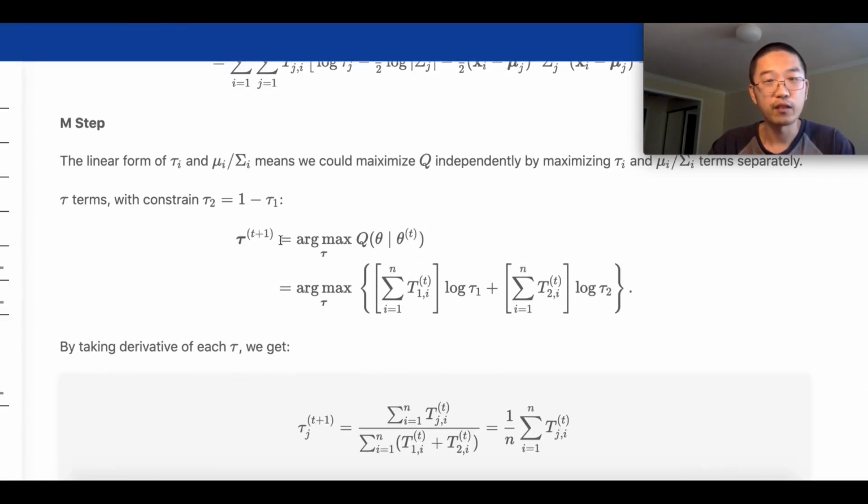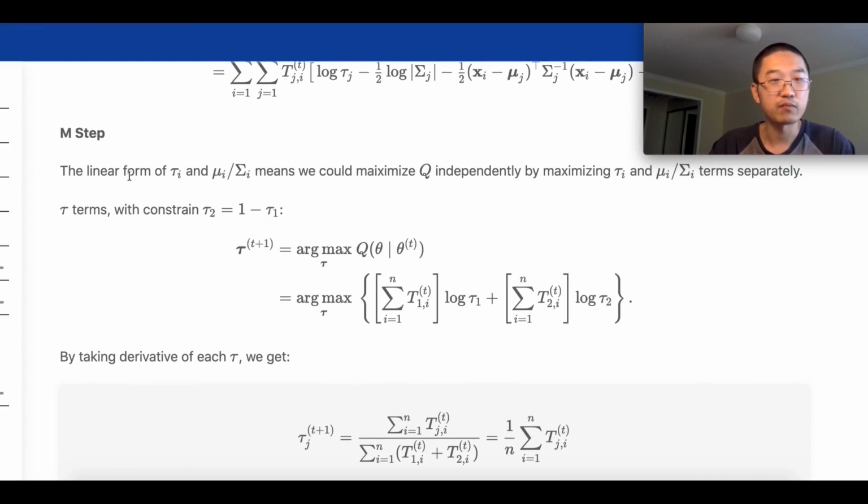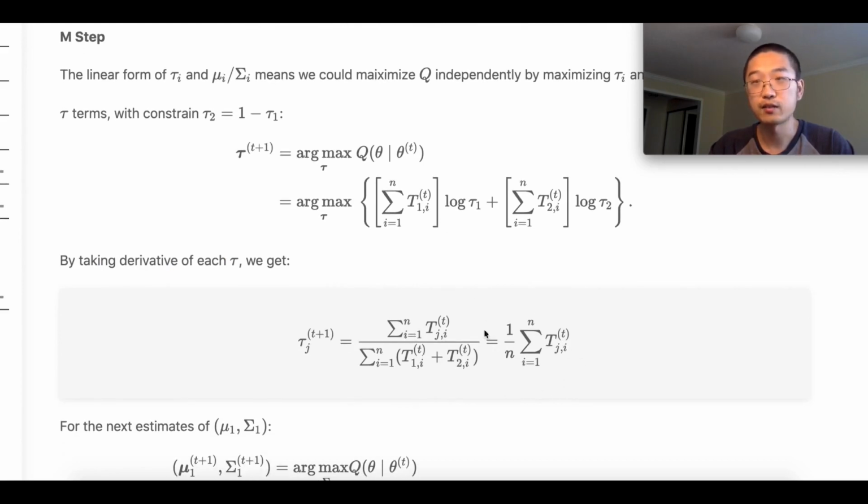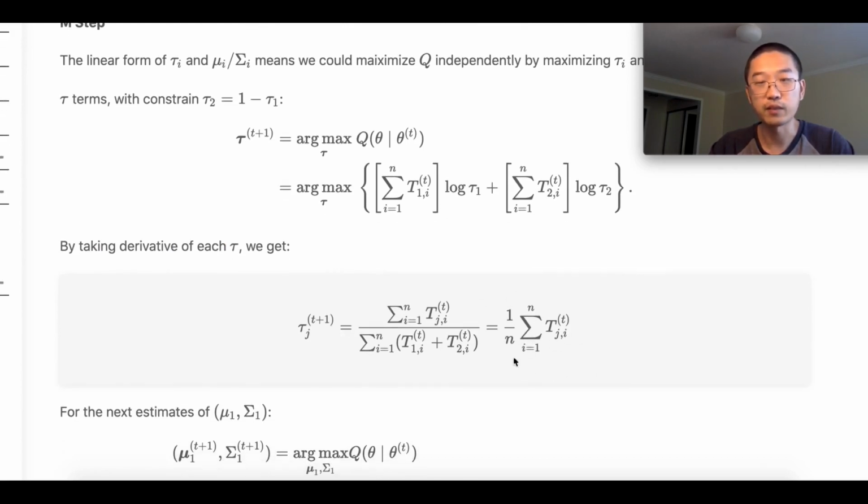So let's maximize the tau term first. We know tau 2 equals 1 minus tau 1. By taking the derivative with respect to tau, we can easily get this estimation. It's an easy derivative calculation.